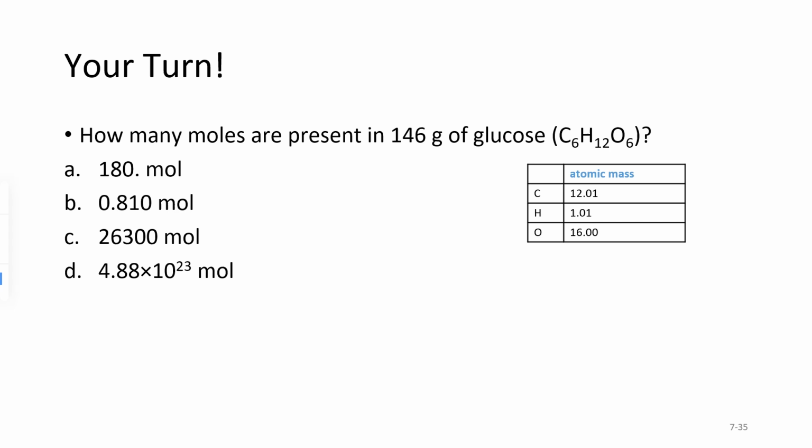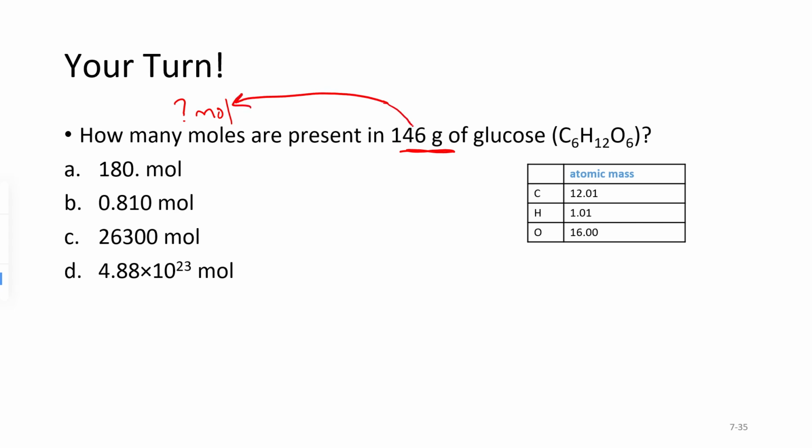Okay, so how many moles, so question mark is moles, are present in 146 grams of glucose? When I get a problem like this, I like to put the question mark, put what we have, and then actually physically draw an arrow to say what we're going to be doing.